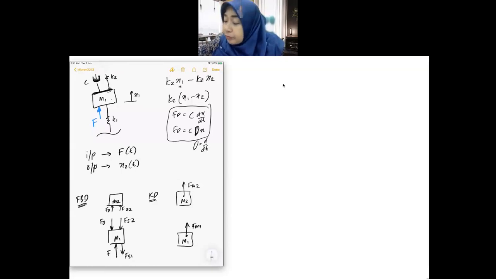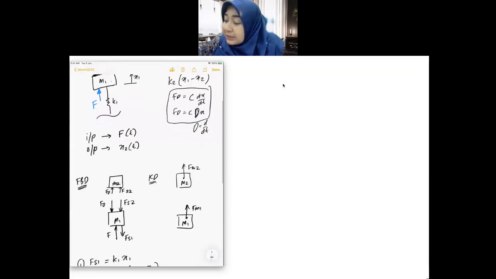For your damper, it's the same. Initially you have CD x1, and then the other end of the damper will reduce the compressional force by CD x2. So the total force for your damper FD will be CD times x1 minus x2, which is very similar to your spring. Is that right?